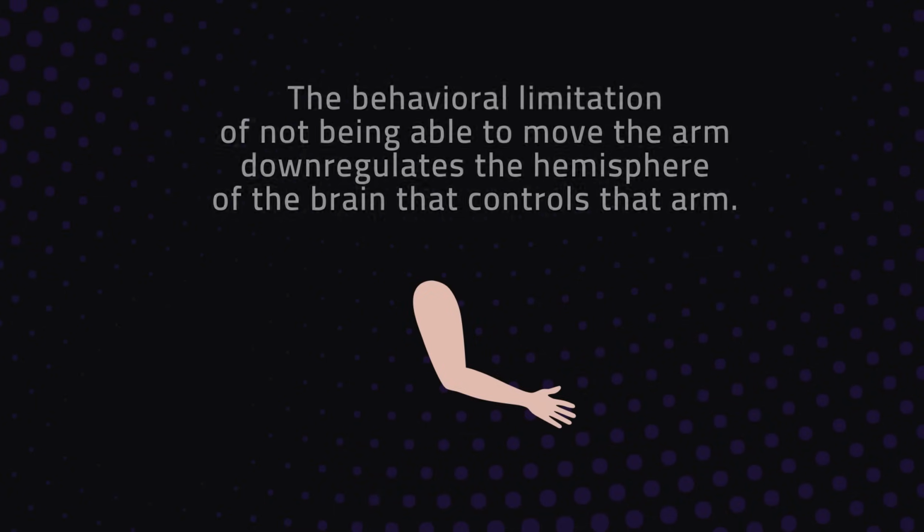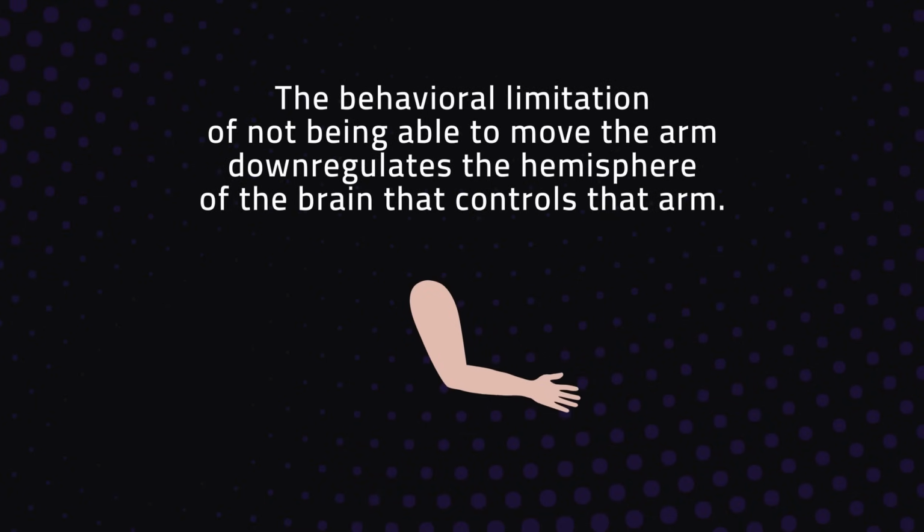And what they saw were some of the brain changes that occurred afterwards, whether the person had had a stroke or whether the person was healthy, the same kind of repercussions happened inside the brain. So the behavioral limitation of not being able to move the arm down regulates the hemisphere of the brain that controls that arm, regardless of whether or not someone has had a stroke or someone is healthy.